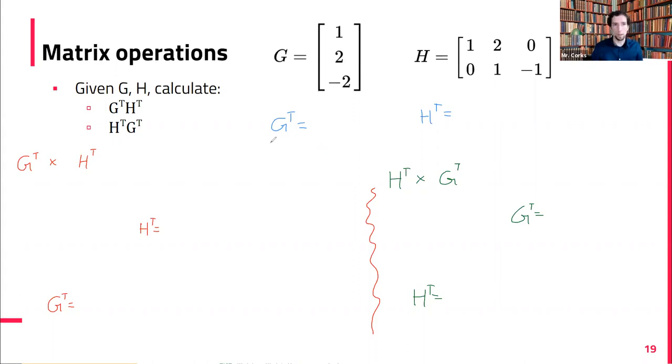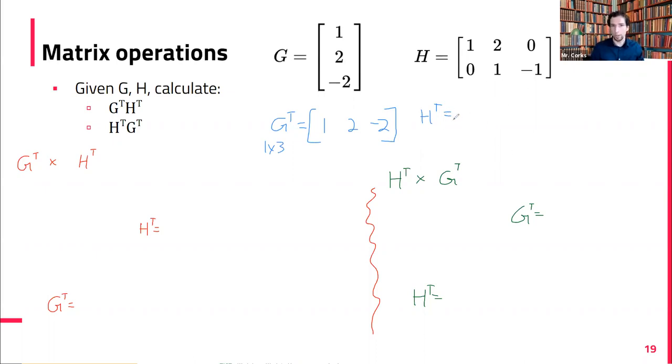Okay, it's a 1 by 3 matrix because G is a 3 by 1 matrix. Transposing, we'll just flip those. So it's a 1 by 3, and tell me the values here. 1, 2, -2. So I know this particular one might feel like we're just rotating it, but that's not what's happening. So we'll see that with our second one here.